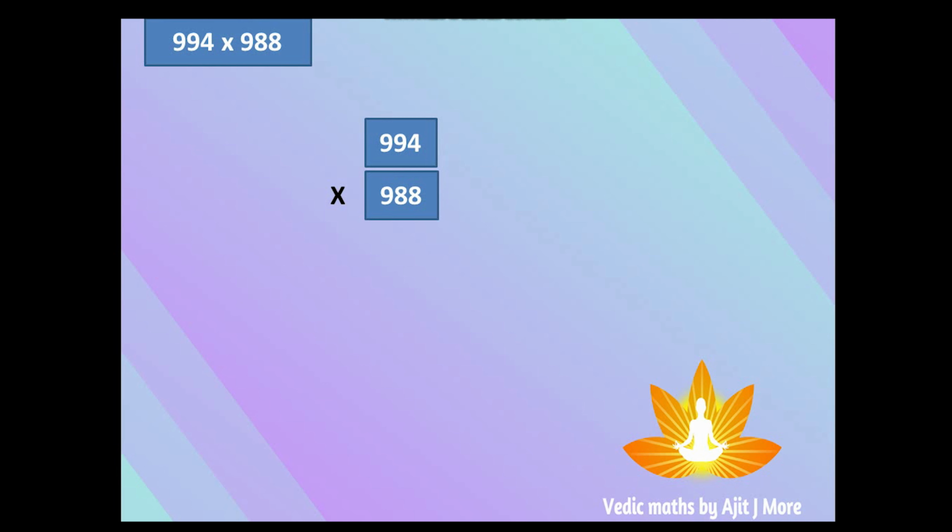Now in this case, tell me, is the base fixed? What is the base? 1000. Okay. So the next step is calculating the deviation. So what is the deviation of 994 from 1000? It is minus 6. And can you tell me what is the deviation of 988?